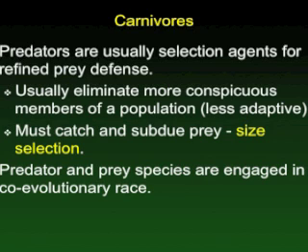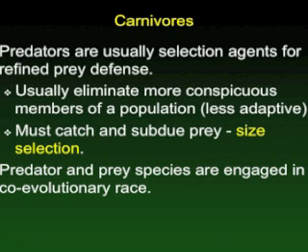One example is the bat and the tiger moth, where the tiger moth can detect the bat's sonar emissions, and it folds up its wings and drops real quick. Well, then the bat learns that and starts to aim lower, and then the tiger moth developed a mechanism to jam the sonar of the bat, and then the bat is working to overcome that, and it just goes on and on.